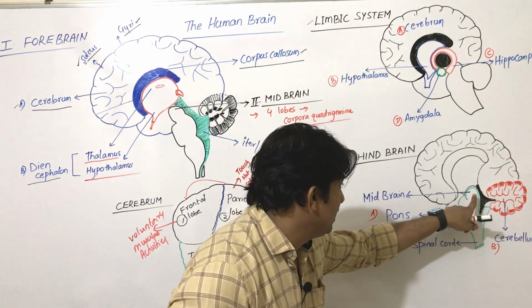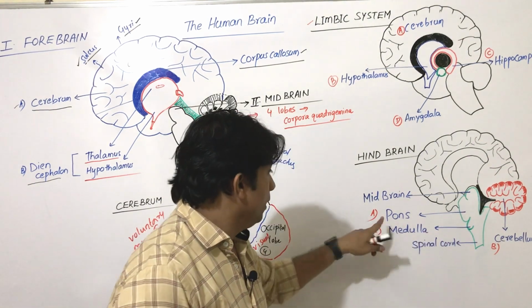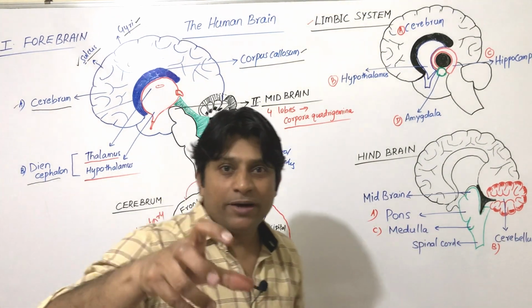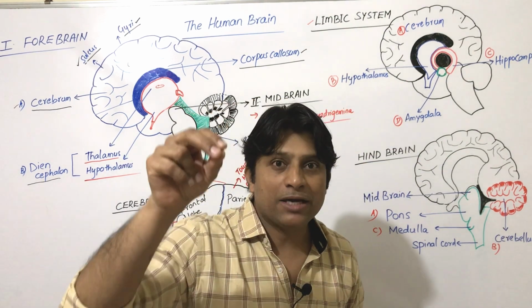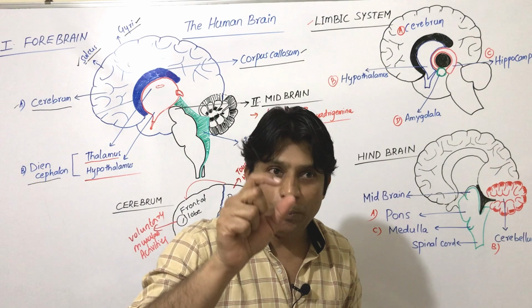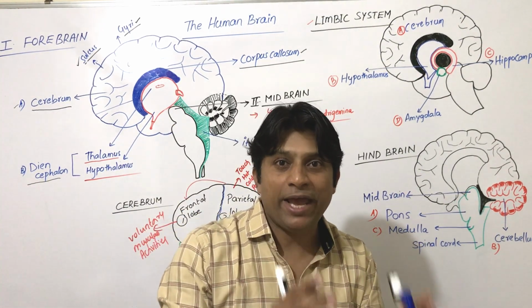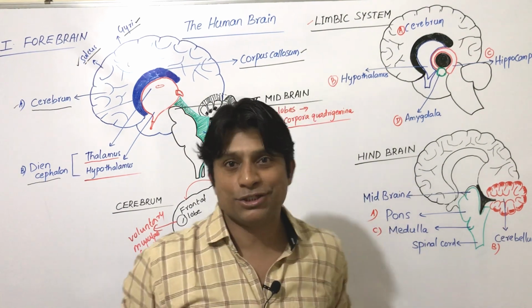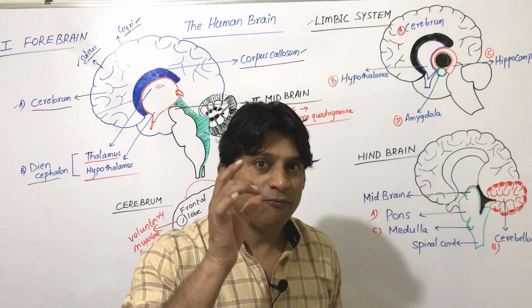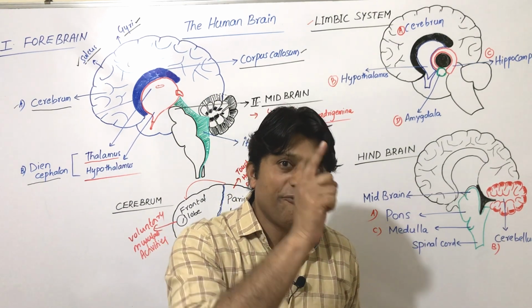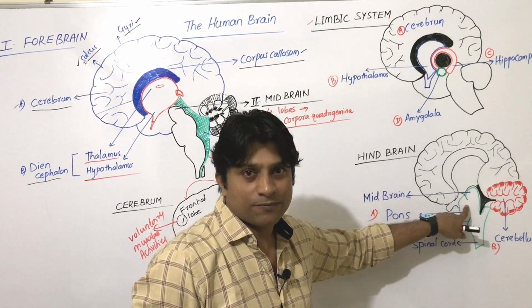Pons is located just below the midbrain, and Pons has fiber tracts, right, which connect various parts of the brain, and the Pons has breathing and sleep-wake cycle controlling centers, right? And Pons is connected with cranial nerves number 5 to 8. These 4 cranial nerves are connected to the Pons.